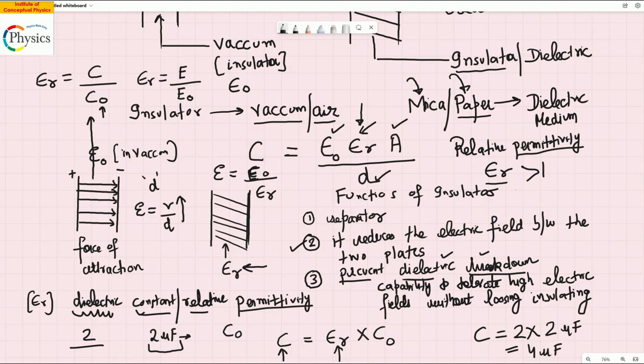And depending on the material, you can put the value of epsilon R. This is called epsilon. This is epsilon naught, the permittivity of vacuum or air. This value, the vacuum air permittivity, is written like this.